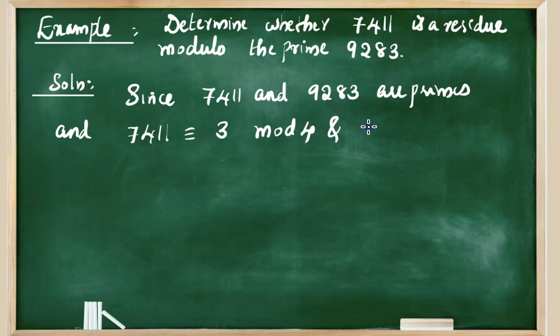And similarly, for the number 9283, when we reduce it modulo 4, we will get the same residue 3.